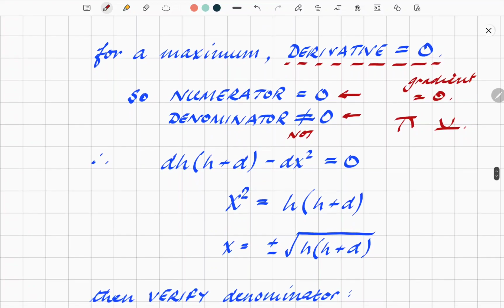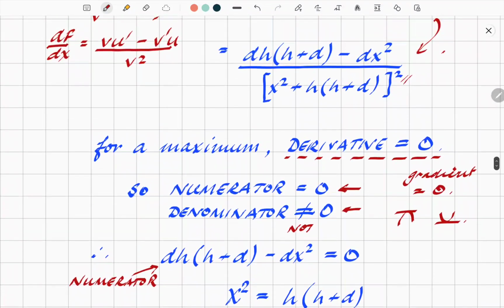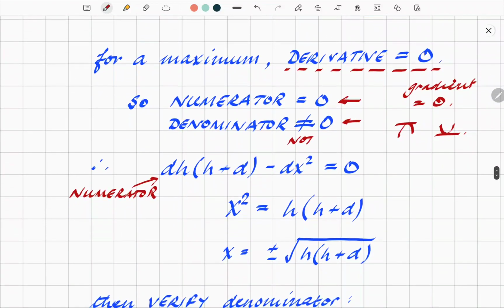Okay, so starting with the numerator, from the above there, d times h times (h plus d) minus d x squared equals 0.